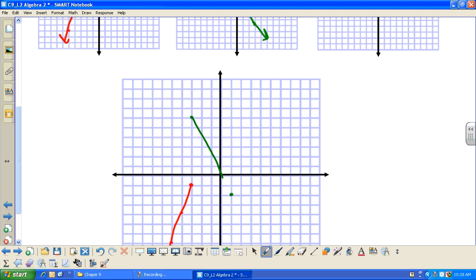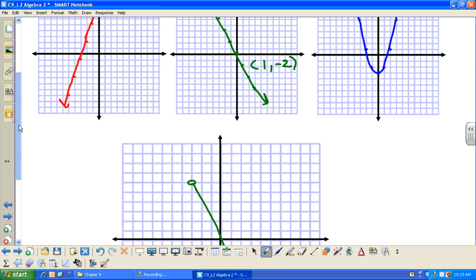I'm going to draw this line. The thing I have to change now, if I were to do my vertical line test, I would have not a function. So I have to make sure at the points where x is negative 3 and x is 1, I have open circles, because it does not include negative 3 and 1 at those points.